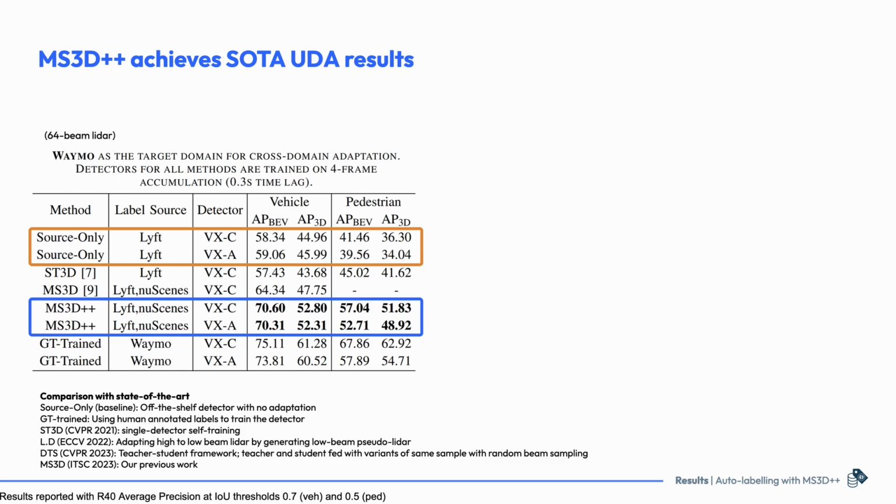And this part here is if you train it with human annotated labels, which is the GT train, and we show that in the bird's eye view average precision, we can obtain quite a similar performance for vehicle detection. We also argue that for the purposes of autonomous driving, bird's eye view detection is mostly sufficient for downstream tasks.